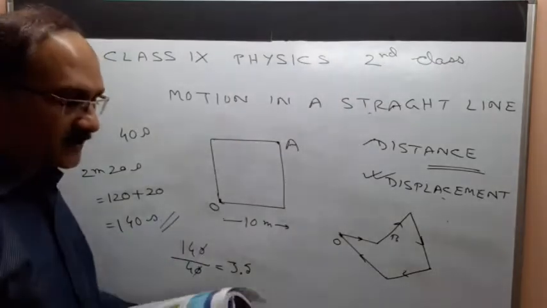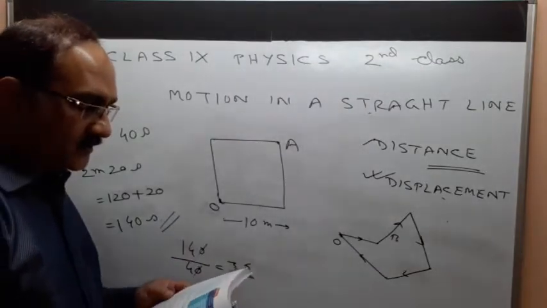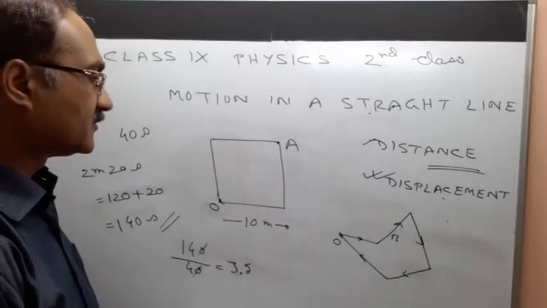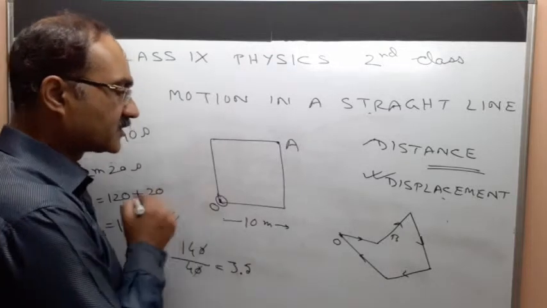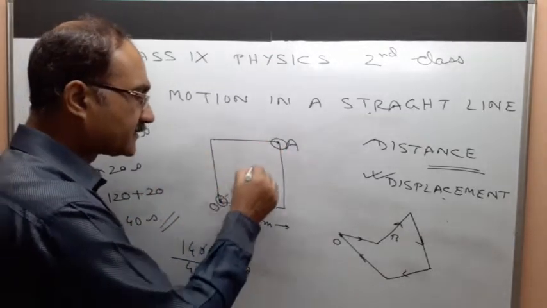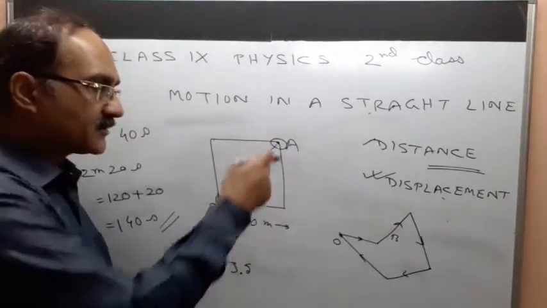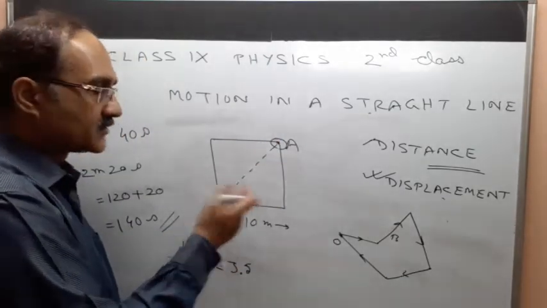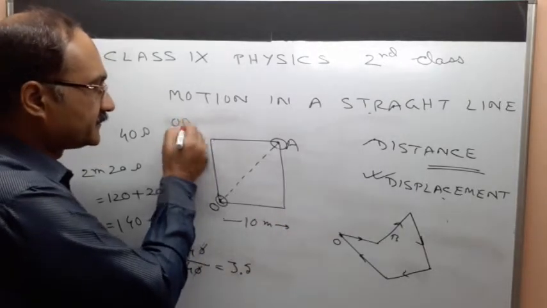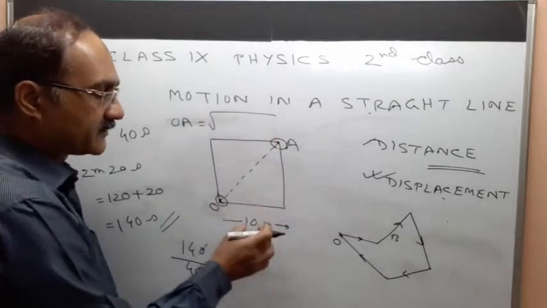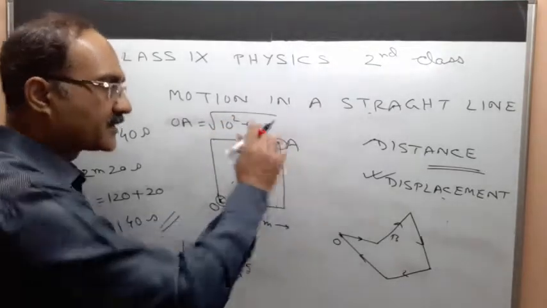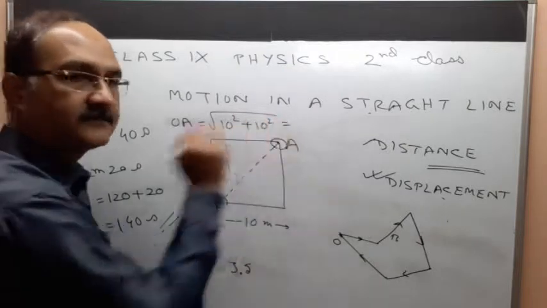Okay? So it is asking us what will be the magnitude of displacement. So magnitude of displacement means initial position is this, final position is this. So length of this we have to find out. Now this is a right angle triangle. So it is very simple. We can use Pythagoras theorem. So OA will be equal to square root of this square, it is 10 square, plus this square, this is again 10 square.